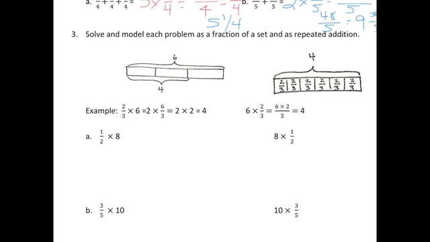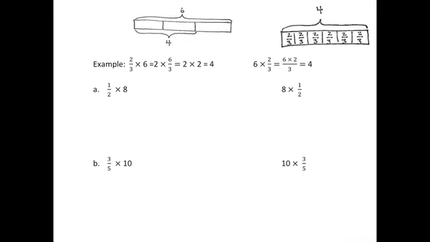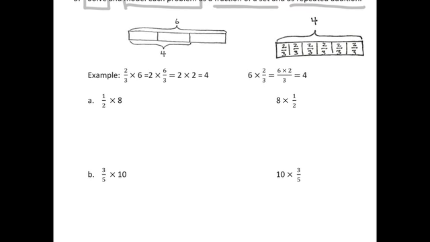So the next one, 3, they want us to do some solving, and they want us to model each problem. And how they want us to model is a fraction of a set, and I'll show you what that means, as well as repeated addition. So we're going to go down to 3a right now, and we're going to model 1/2 times 8.